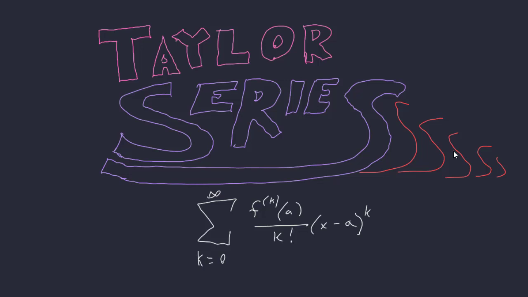Alright, hello class. In this video we're going to be talking about Taylor series. And really you could probably, without much instruction from me, get the gist of how this works.